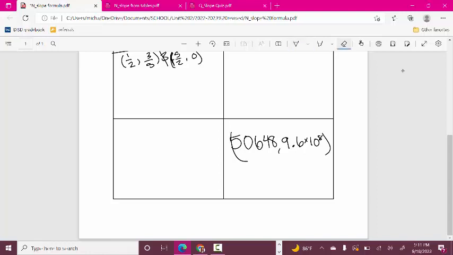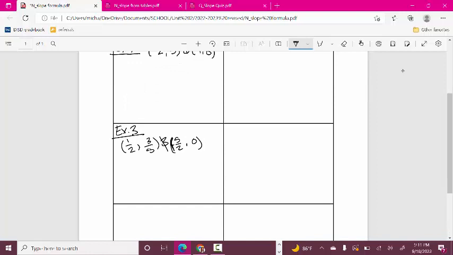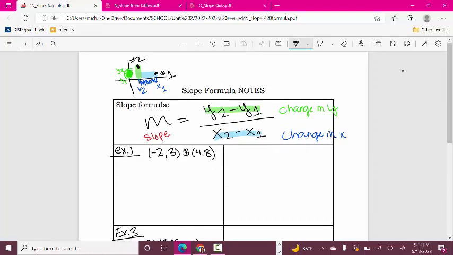That's a ridiculously large number, and there's no way in the world you'd want to graph all of that. So instead of having to find a creative way to graph it or factor things out or count by halves or count by fifths, there's this slope formula that just kind of makes crunching all of our numbers a little bit easier.